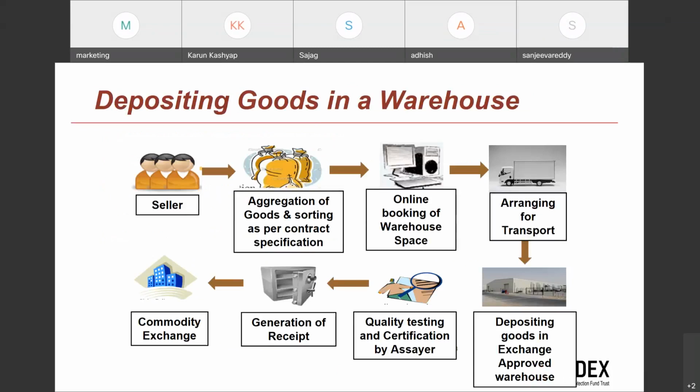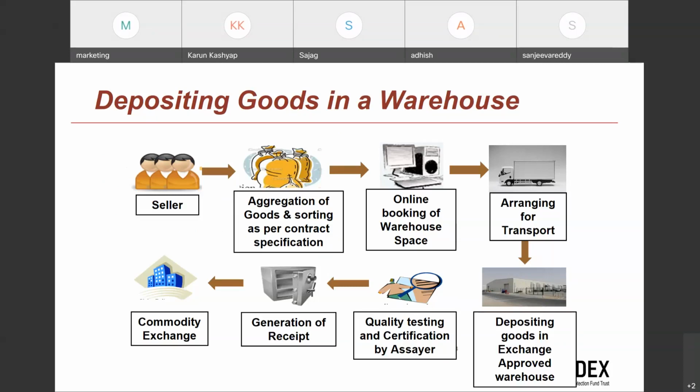We have discussed earlier that the commodity is actually deliverable in a compulsory delivery contract. So we will see how this deposit takes place in the exchange warehouse. The seller who has a short position and wants to give delivery on the exchange platform has to first book warehouse space and bring the material to the accredited warehouse of the exchange for that commodity.